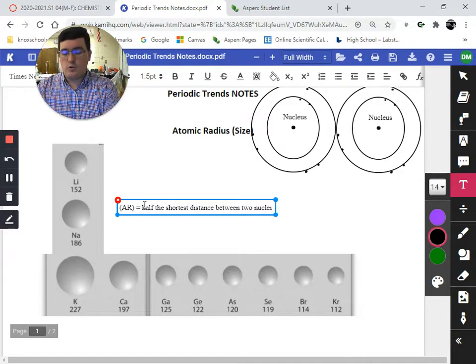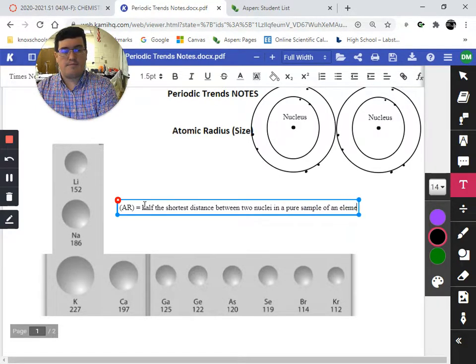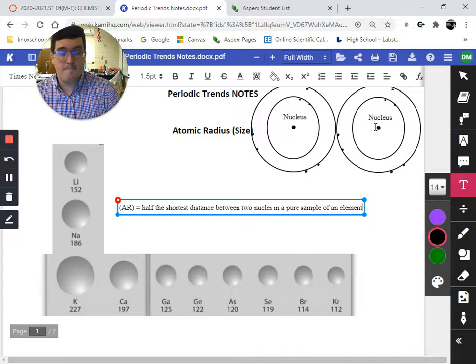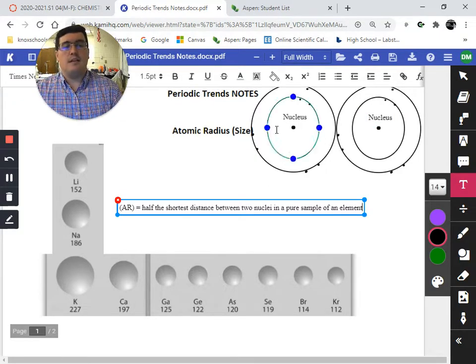Shortest distance between two nuclei in a pure sample of an element. So literally the way we find atomic radius is they take a pure sample, they actually hit it with X-rays, and the X-rays scatter in a certain way, and we can tell exactly how far the nuclei are in that sample. Once we know that, half of that distance then becomes the atomic radius.